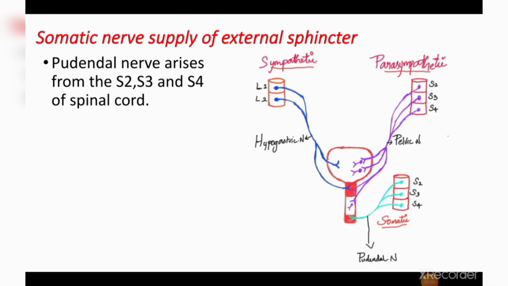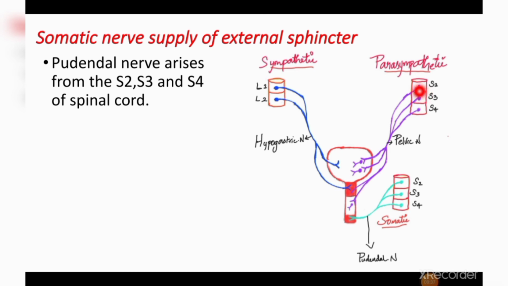So that is how micturition is happening. Whenever about 300 to 400 ml of urine is filled in the urinary bladder, it will stretch the urinary bladder wall. When the wall is stretched, the stretch receptors present on the wall will get stimulated, and they will send an impulse to the sacral segment of the spinal cord through the pelvic nerve.